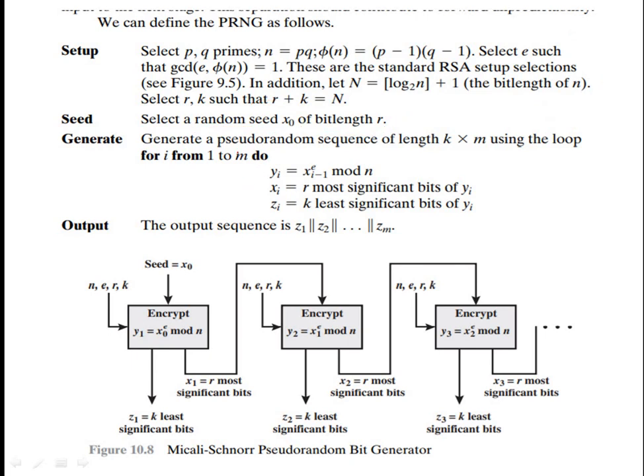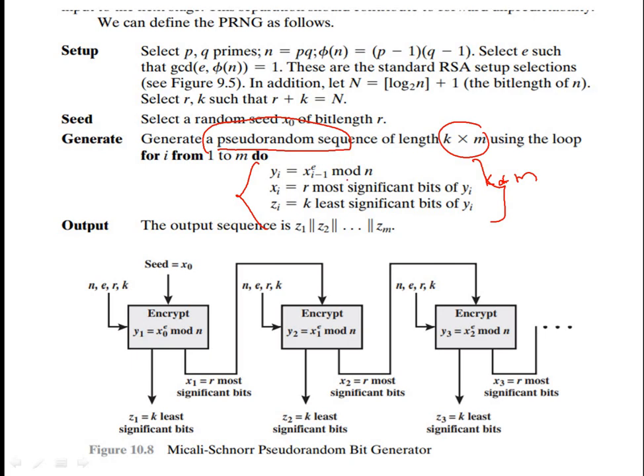And what to generate here? We need to generate a sequence of pseudo random numbers. That is our main point. What is the length of that pseudo random sequence? It is k times m. So how to generate it? Follow these steps. The output of the first we have to give as input for the second.